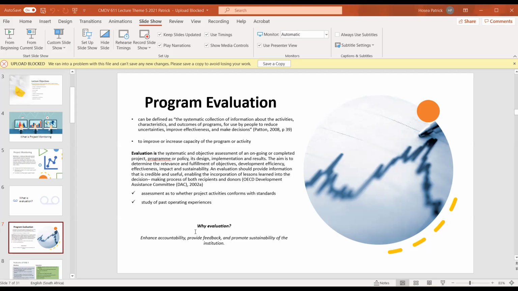Yeah, I will say, just using general knowledge, evaluation in most cases is done by external people who come and evaluate the project. But in most cases, monitoring is done by the project manager who is responsible for that particular project.